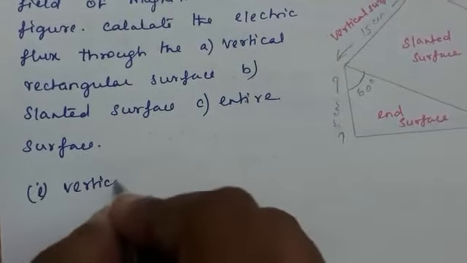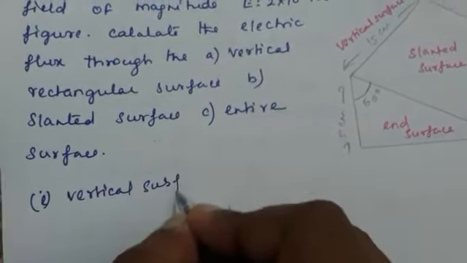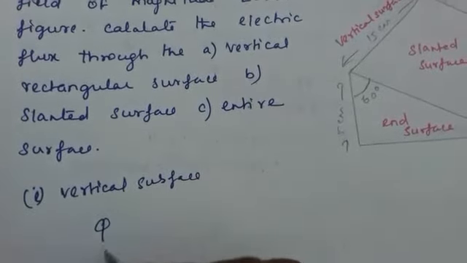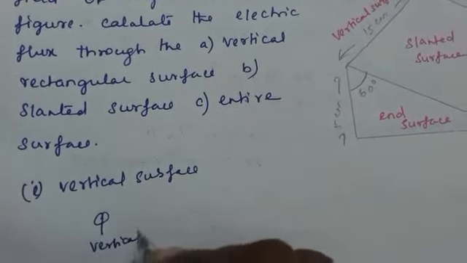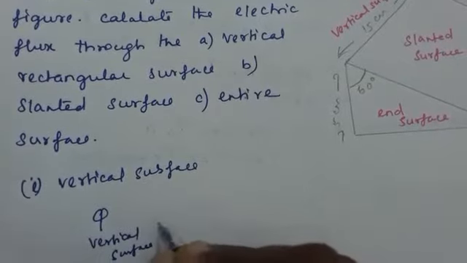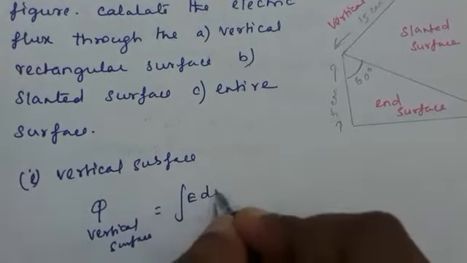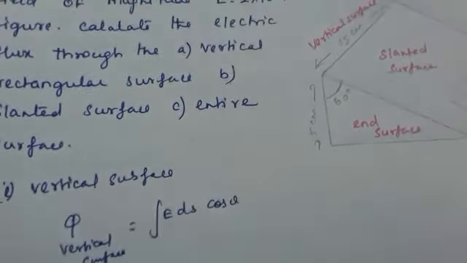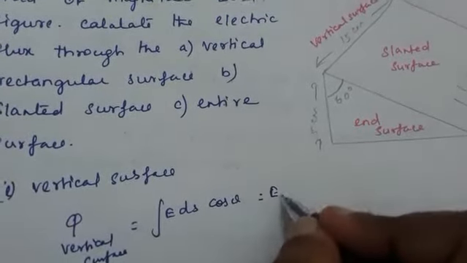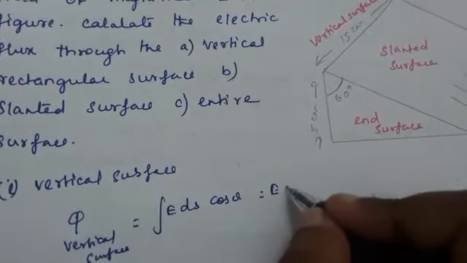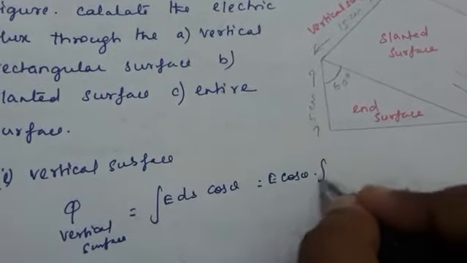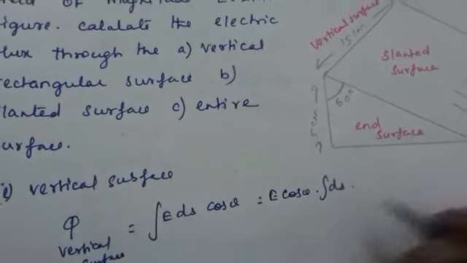So first we'll write the flux in the vertical surface as phi in vertical surface, which is equal to integral E ds cos theta. This can be written as integral E cos theta into ds.